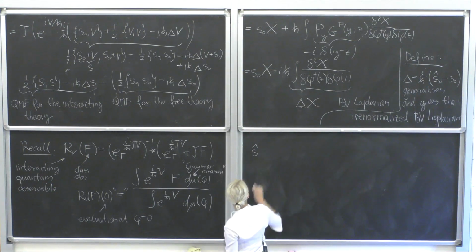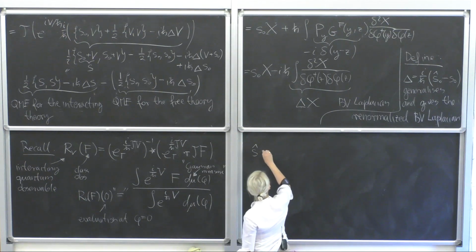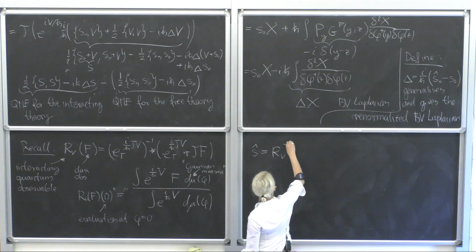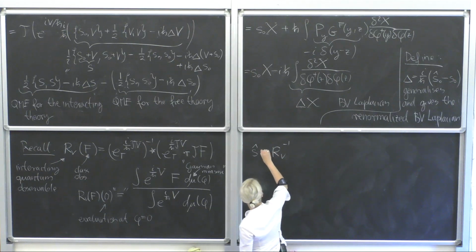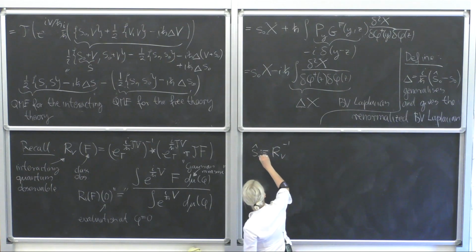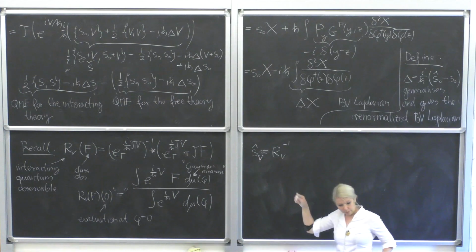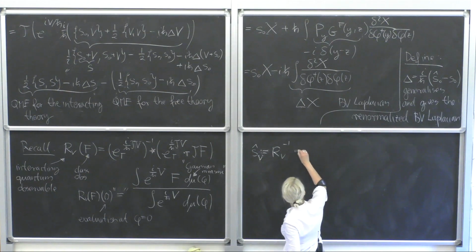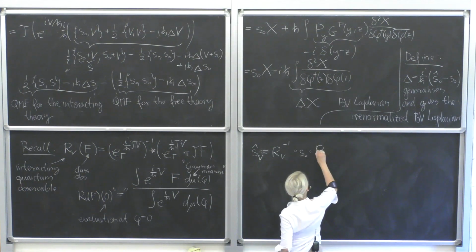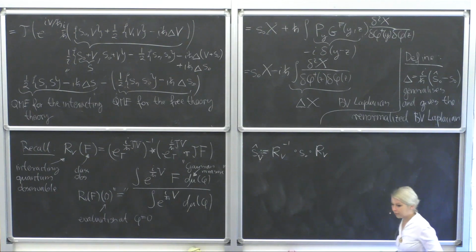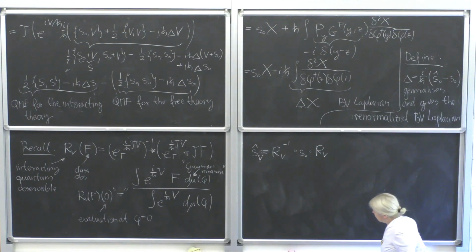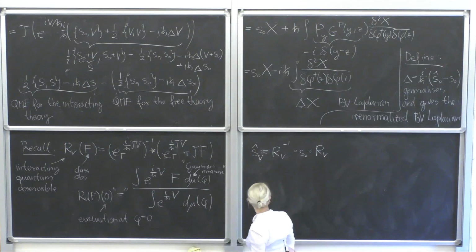So the interacting BV differential is R_V minus 1, S hat V, interaction V, composed with S0, composed with R_V. Again, this is a definition, actually. Okay? That's the definition. Now the computation.